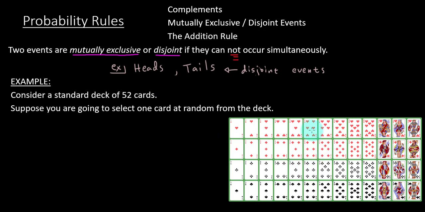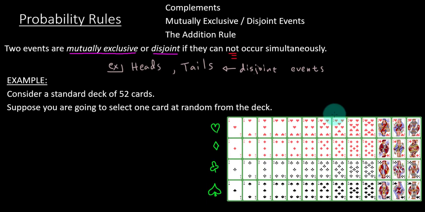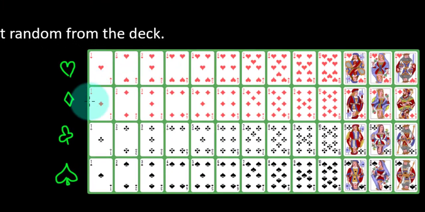There are 52 cards, and the way these are organized, there are 4 suits. There are the hearts, the diamonds, the clubs, oh, I don't know if I can draw this, and the spades. So a quarter of the deck is hearts, a quarter of the deck is diamonds, etc. And we've got ace, sometimes considered a 1, 2, 3, 4, all the way up to 10.